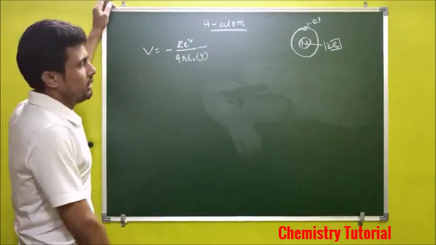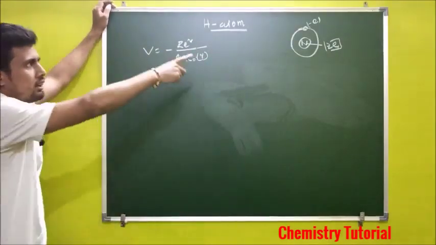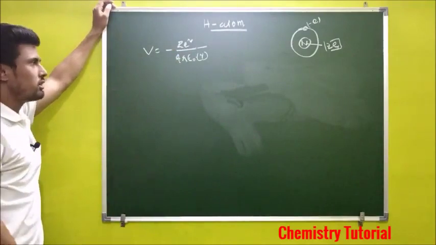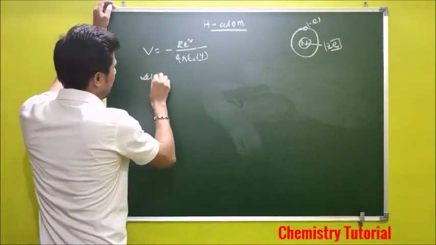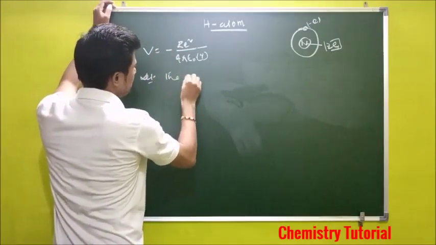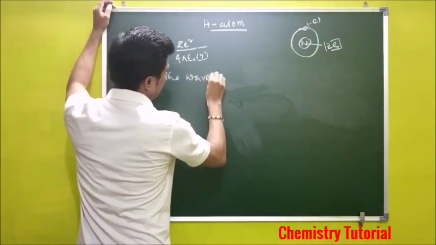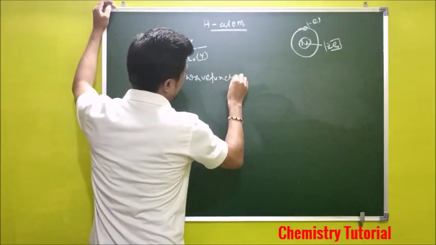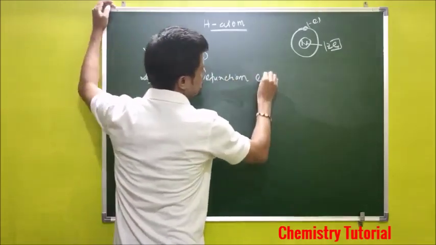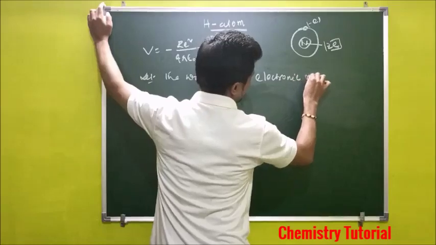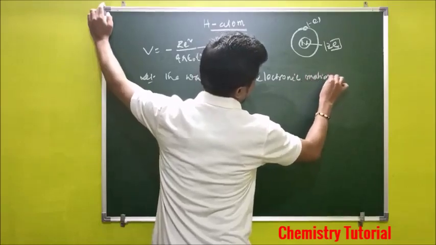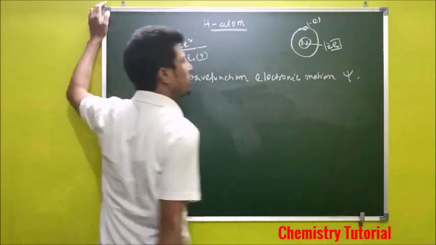Now we consider the wave function that describes the motion of the electron around the nucleus. Let the wave function for electronic motion be psi, okay?